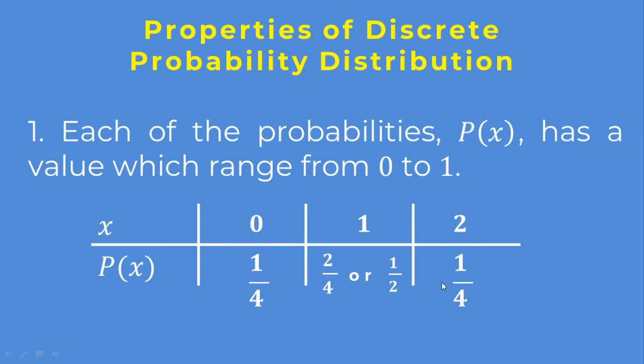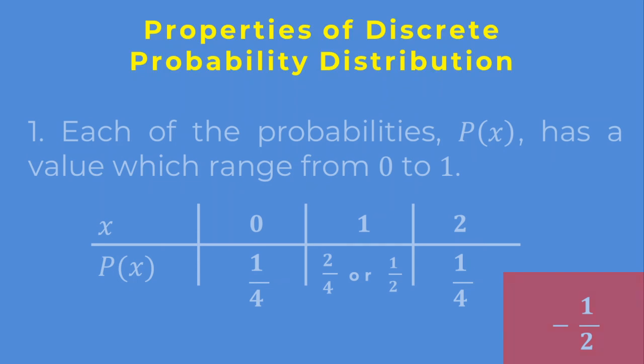Lahat sila less than 1. Pwede mag-equal to 1, pero hindi pwedeng maglampas sa 1. So, for example, ito, 1 and 1/4. Ito yung mga values na hindi pwede. 2, hindi rin siya pwede kasi mataas siya sa 1. Ito rin, 1.25. At itong negative 1/2 kasi negative.